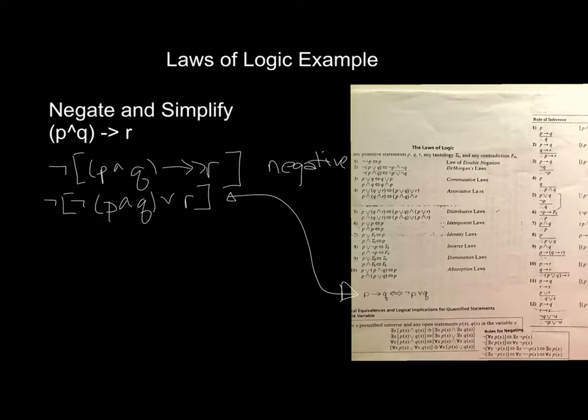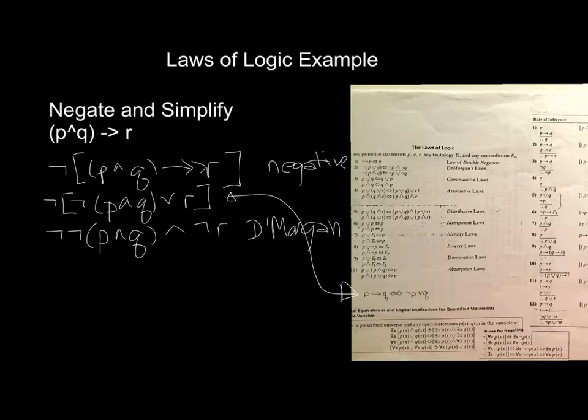So now what I want to do is I look at this and I see, well, I have this negation outside these brackets. So I'm going to use De Morgan to kind of distribute the negation inside. So I'm going to have the not P and not Q. But remember, when we use De Morgan, our ors become ands, and our ands become ors.